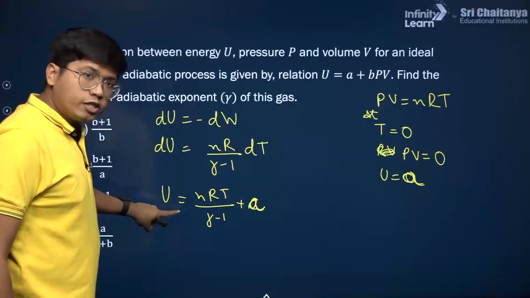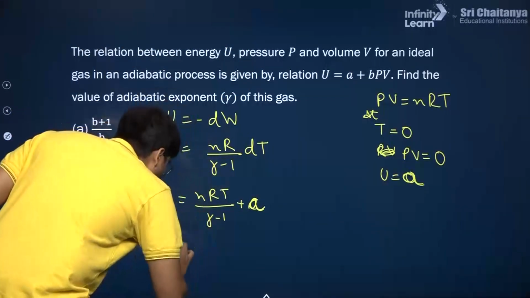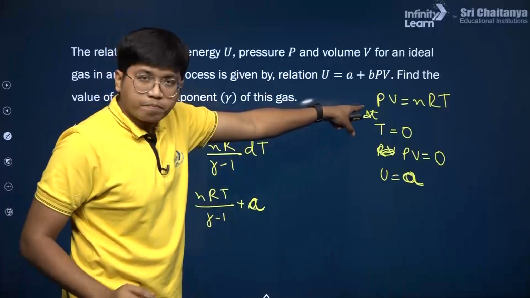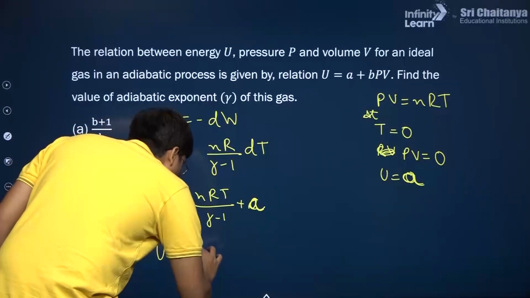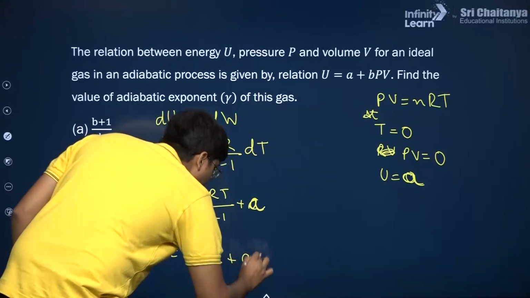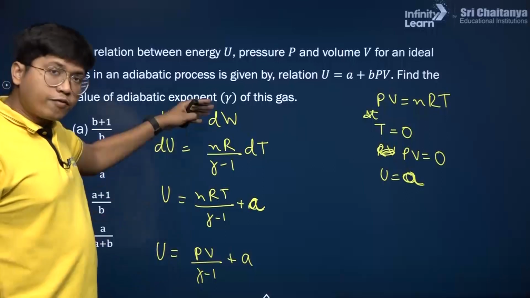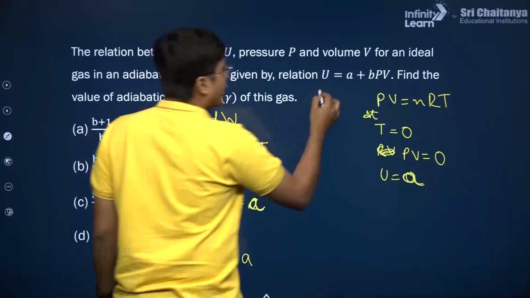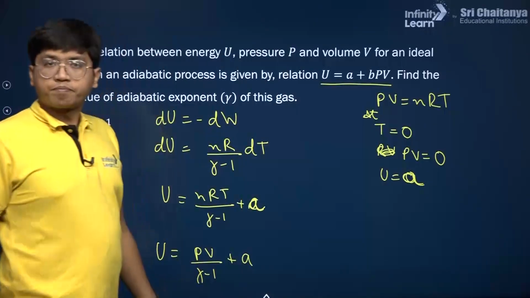Now look at this relation where you can replace this nRT with PV. You would be having PV by gamma minus 1 plus A. Now compare this equation that we derived with the equation given over here.